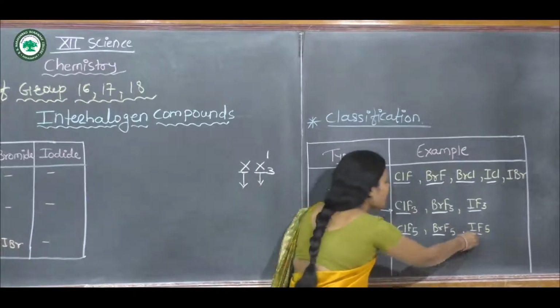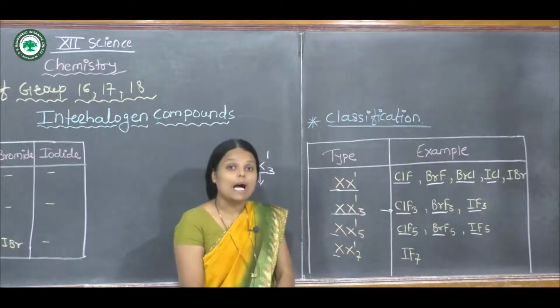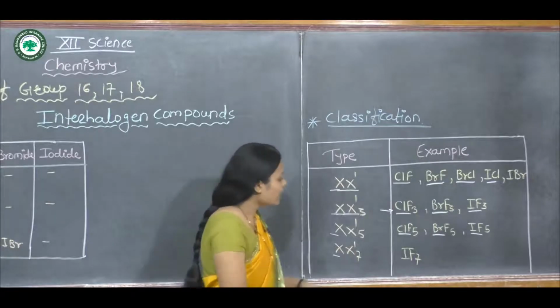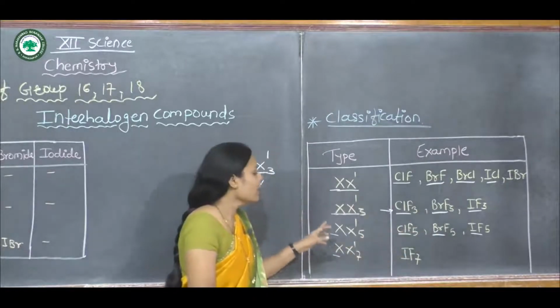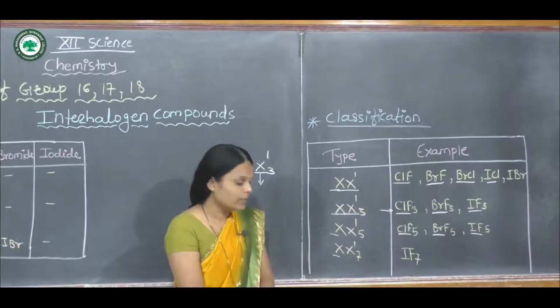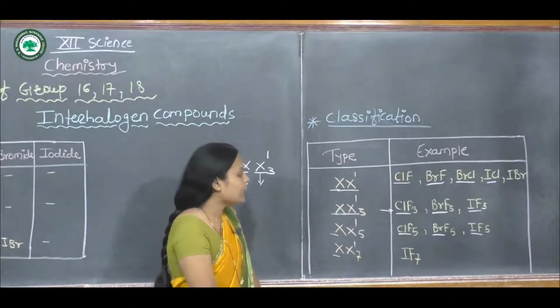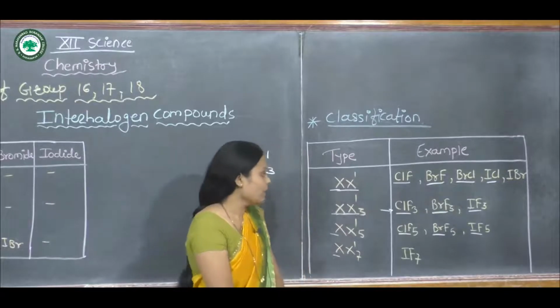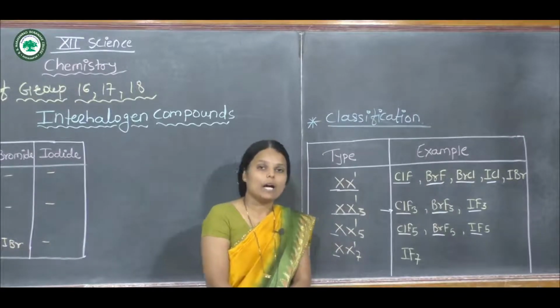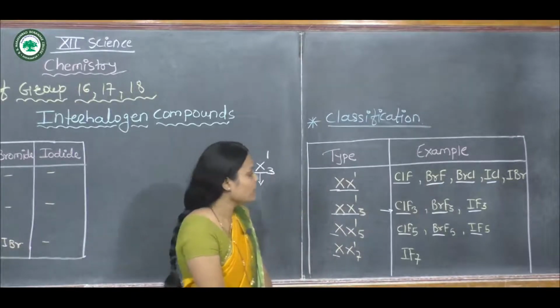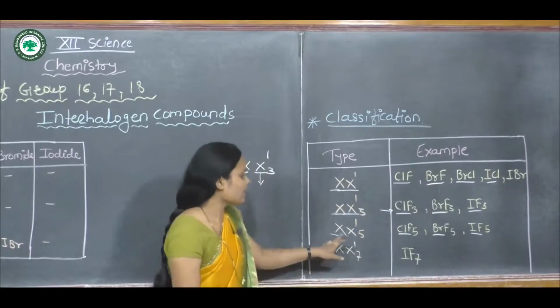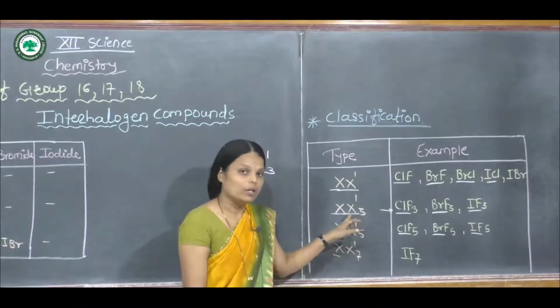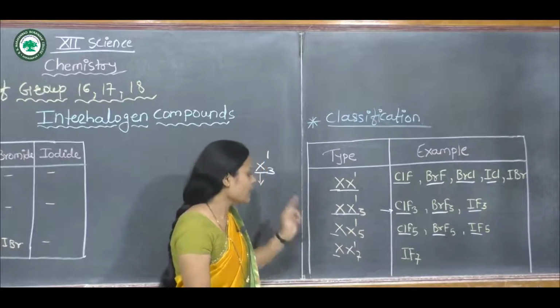Then IF5, which means iodine pentafluoride. These are the 3 examples of the X X5 dash type of interhalogen compound: chlorine pentafluoride, bromine pentafluoride and iodine pentafluoride.